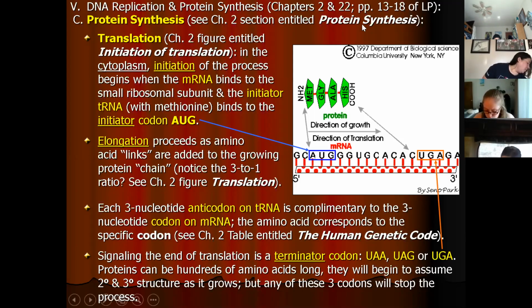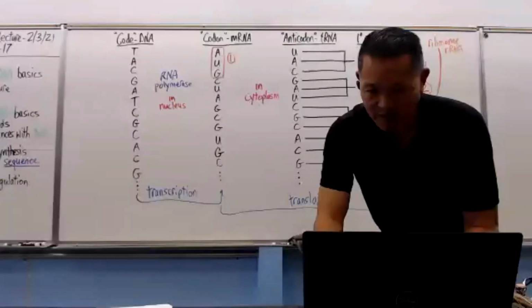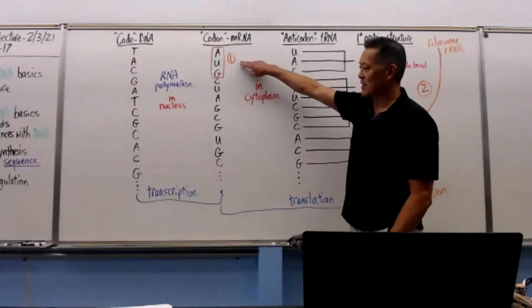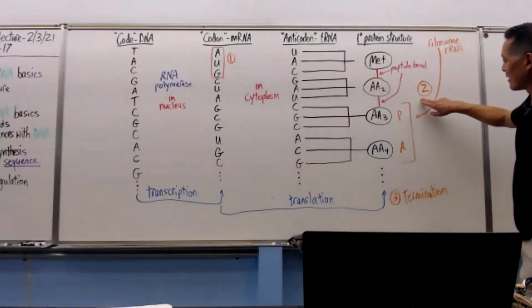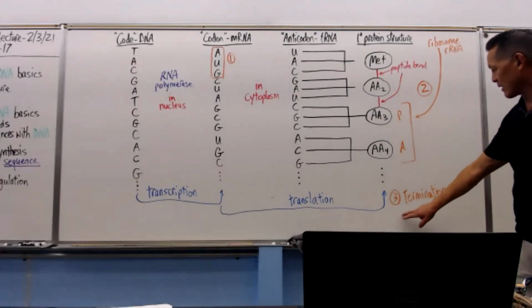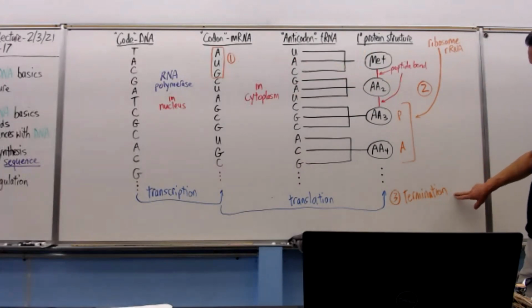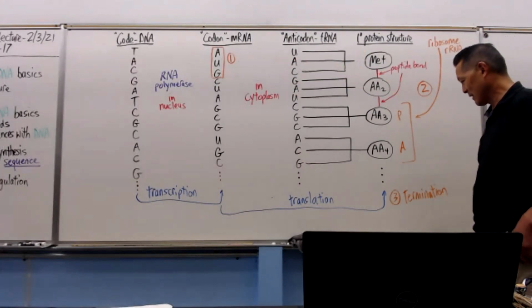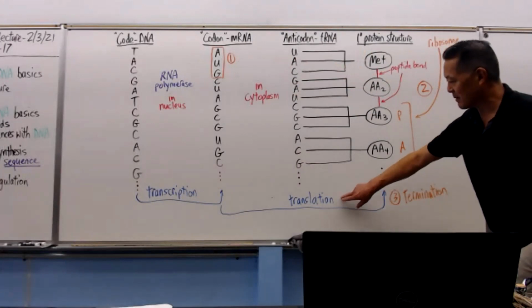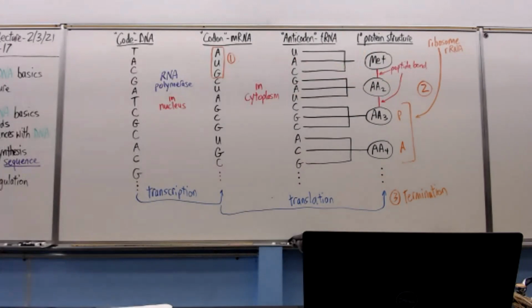Initiation, I should probably get on the camera here. Translation is in 3 steps. Initiation with the initiator codon, elongation with the ribosome sliding 3 nucleotides and adding a new peptide bond. And finally, one of the terminator codons is going to get everything to just release. So that's termination. Those are the 3 sub steps of translation.